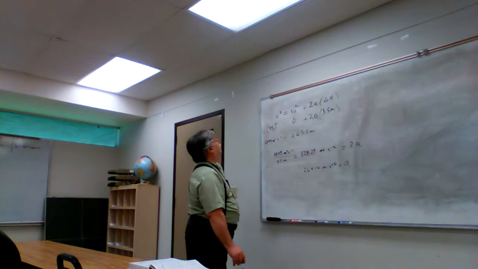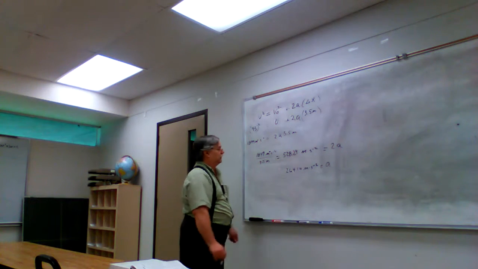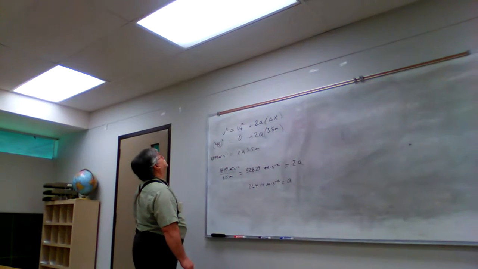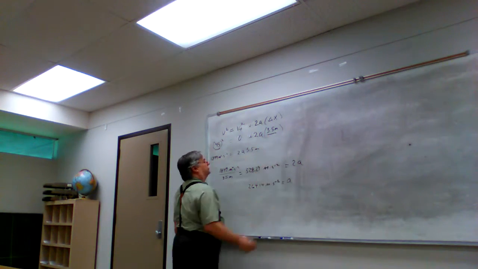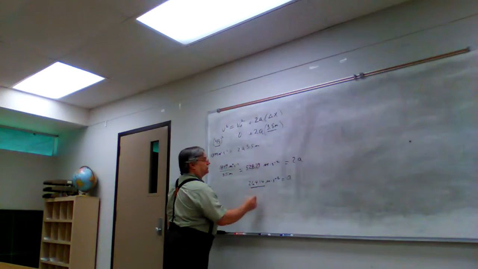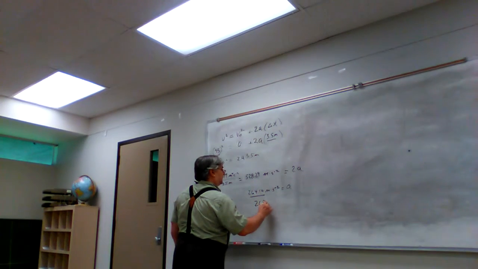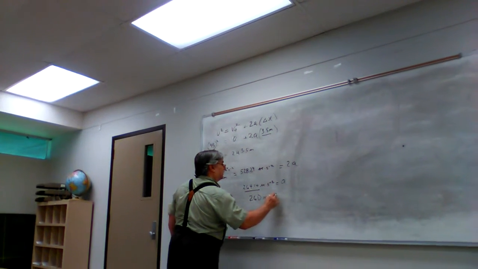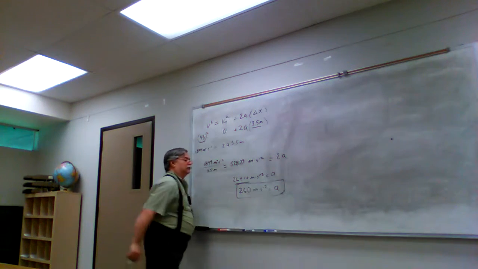All we need to do now is make sure we're only using the appropriate number of significant digits. 2 significant digits. What is this answer to 2 significant digits? 260 meters per second squared. And that is our final answer.